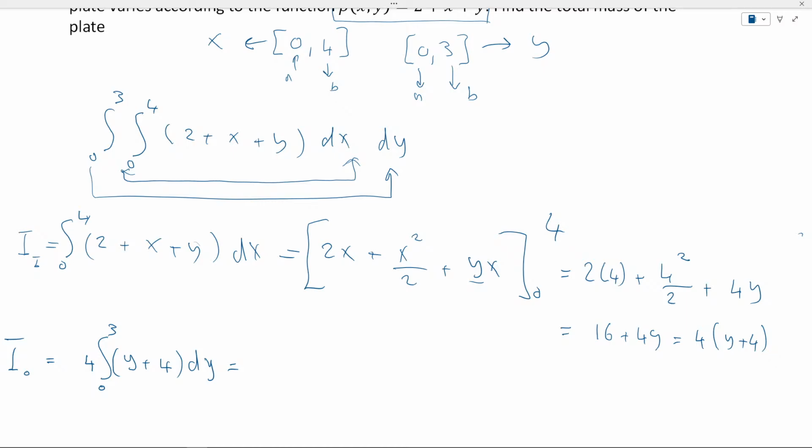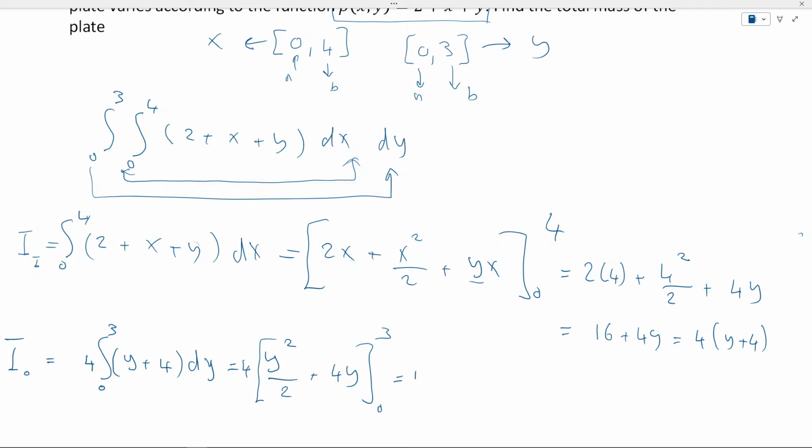That is equal to what? That is y squared divided by 2. And again, the common mistake here is that you will forget this 4. Yeah, that's a common mistake. Plus 4y. And I evaluate this from 0 to 3. Again, for 0, I don't need to evaluate, but basically I'll just evaluate it.